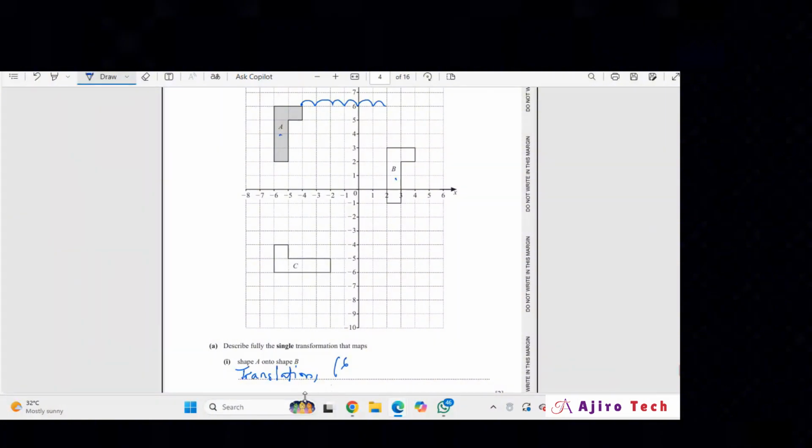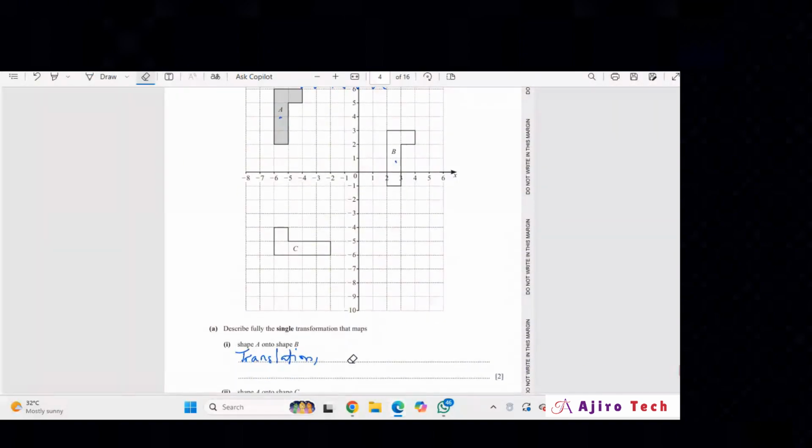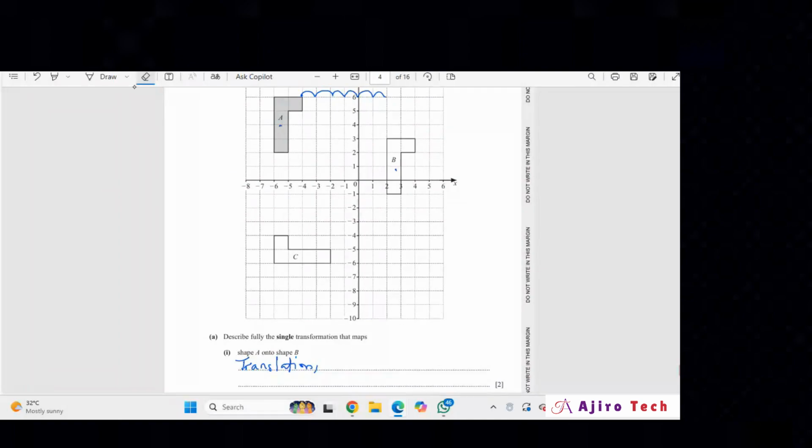Whenever it is to your right, it is positive. So the translation that happened there is 6 to your right, which is positive. Now it's coming down.